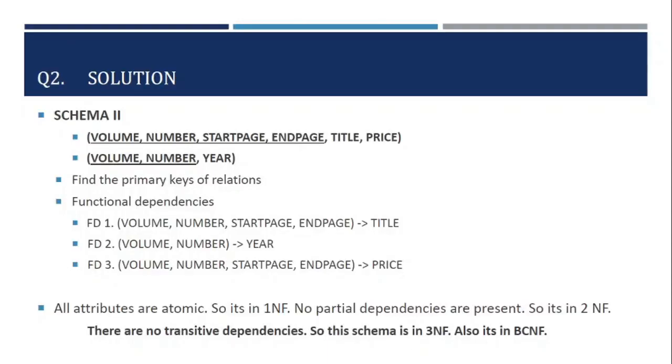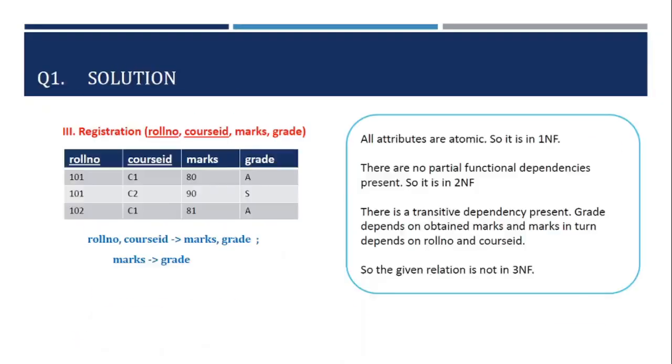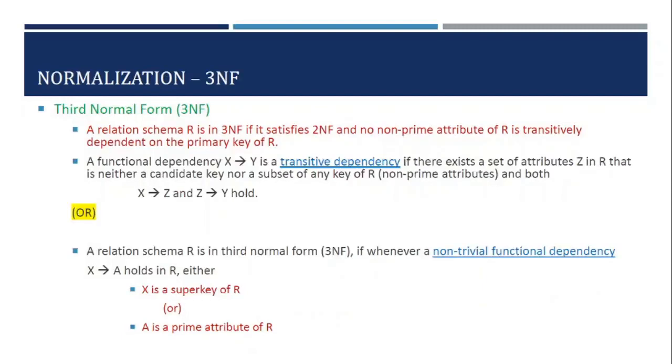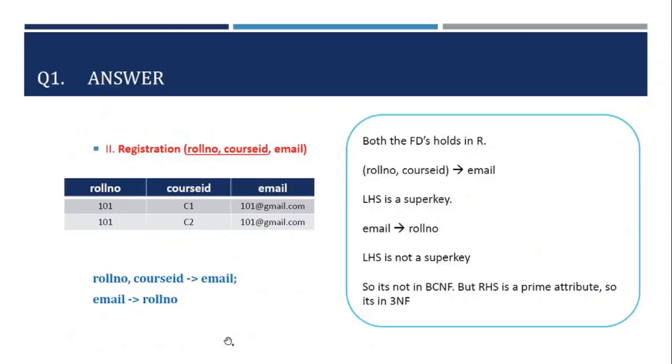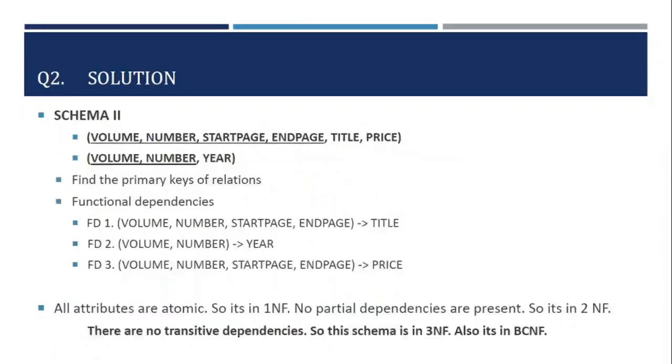Now applying the general definition of 3NF. Whenever a functional dependency holds in R, either the left hand side should be a super key or the right hand side should be a prime attribute. Let us consider schema 2. FD1 is checked in table 1, and the left hand side is a primary key.